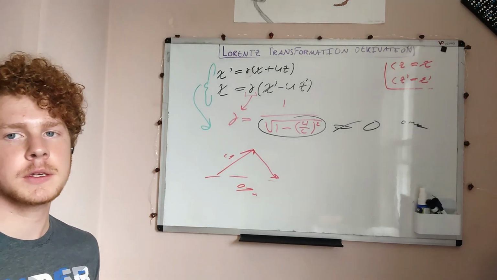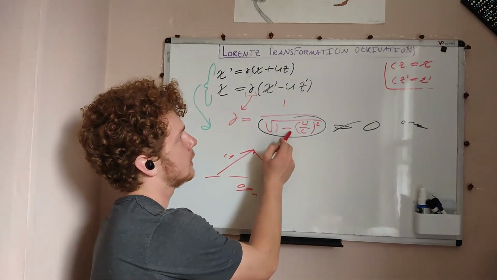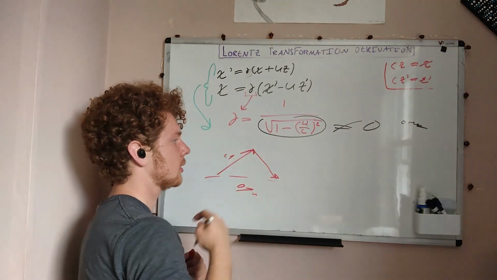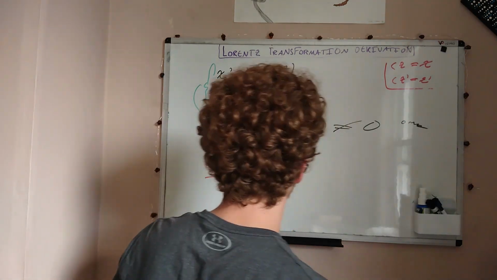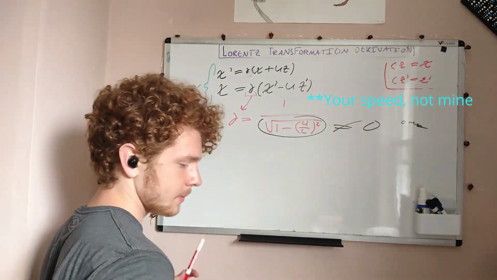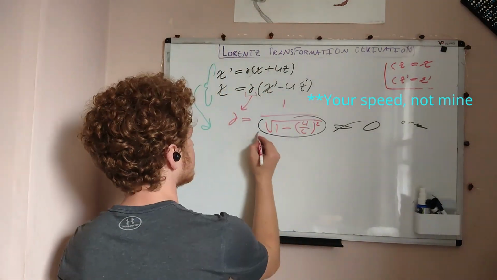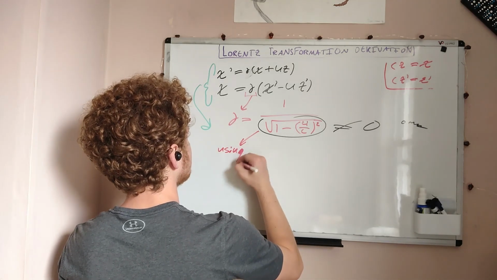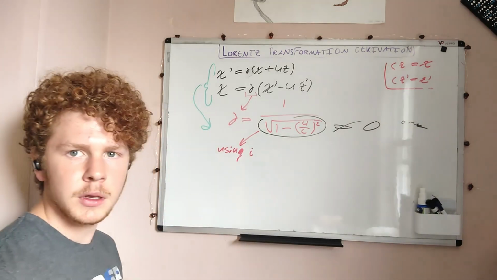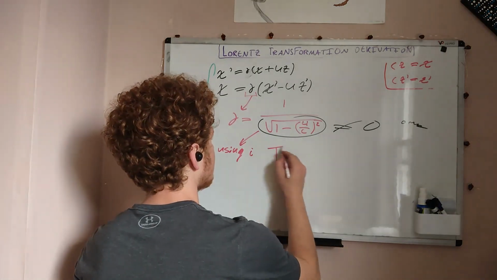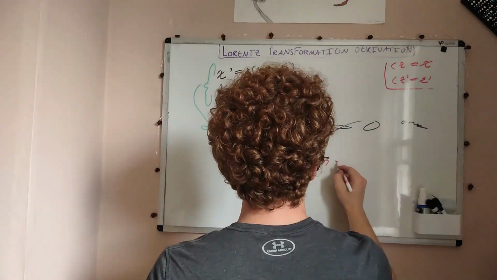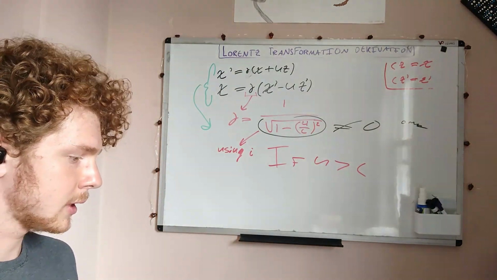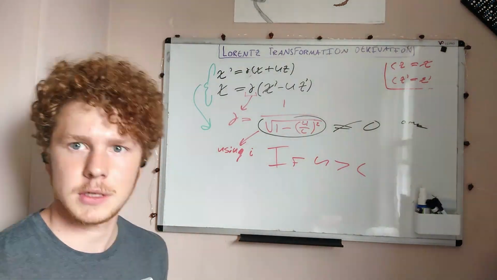We'd have to write this using imaginary numbers, using i, if my speed were to be greater than yours, right? So we'd have to use i if u is greater than c. And so here comes the typical phrase where you can't go faster than something.